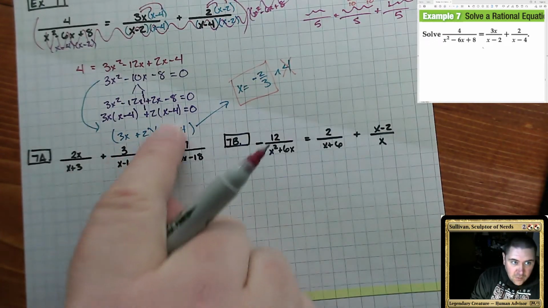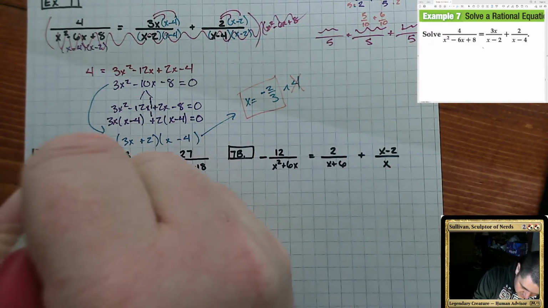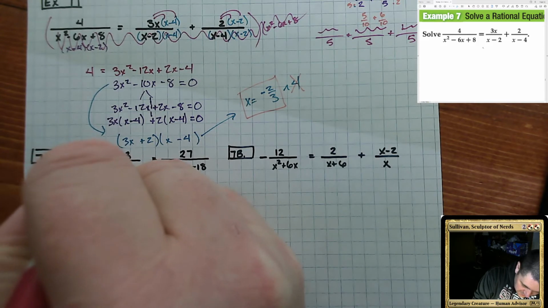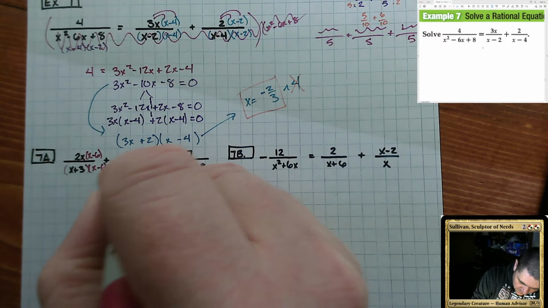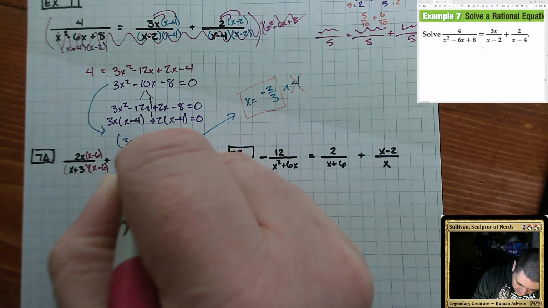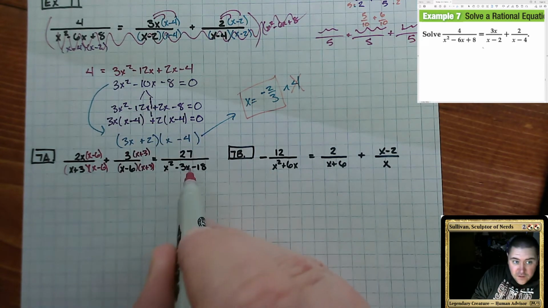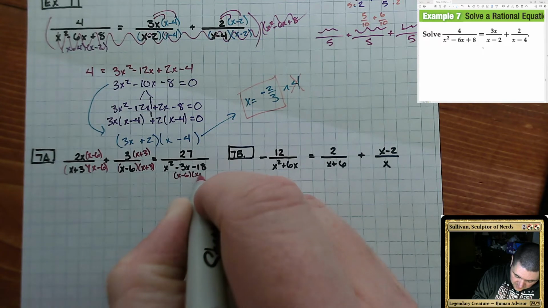Okay, kind of regretting bringing this one down too far. Here, I'm missing x minus 6. Here I'm missing x plus 3. This happens to factor into x minus 6, x plus 3.